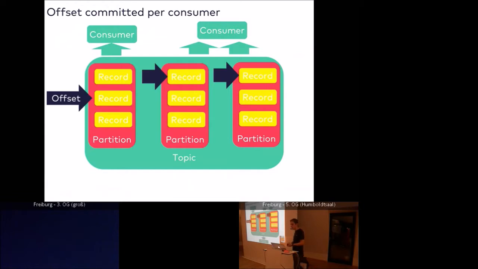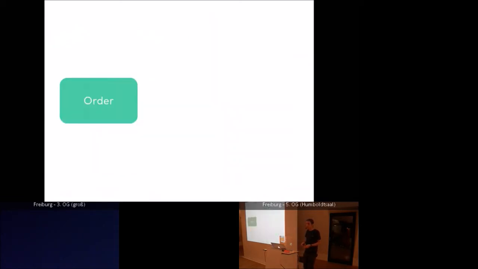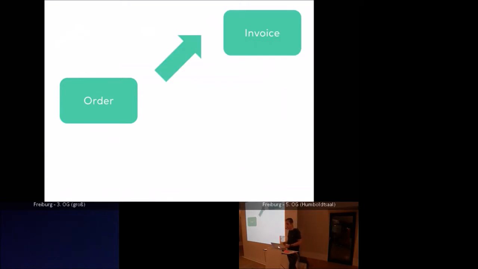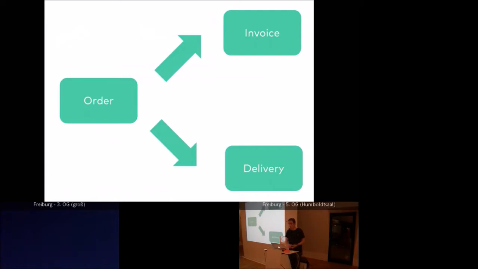And here's the producer. So that's a consumer group. The example that I've created is, I send out an order. I want to make it an invoice and a delivery. And that is basically what is happening in this example.